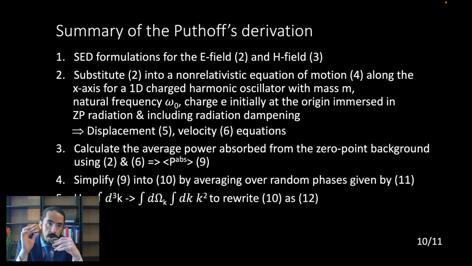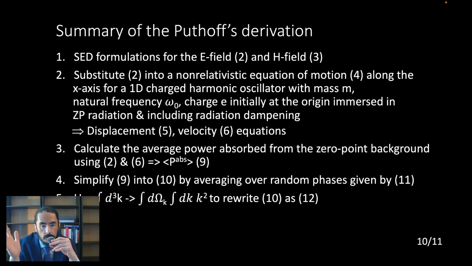Keep in mind, it's reminiscent of the classical continuous, you could say traditional mainstream formulation of Maxwell's equations, but it includes that random stochastic element. So we take that formulation for the electric field, we substitute that into this non-relativistic equation of motion for a 1D harmonic oscillator with these given parameters.